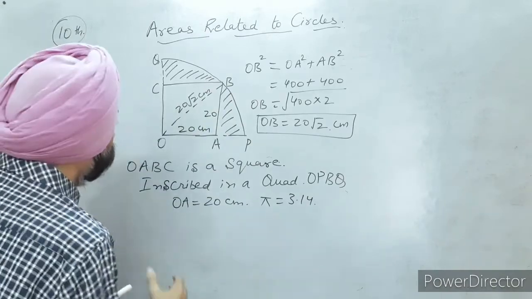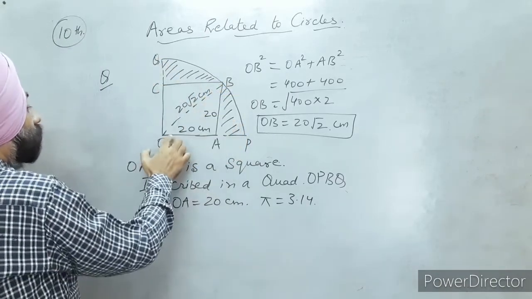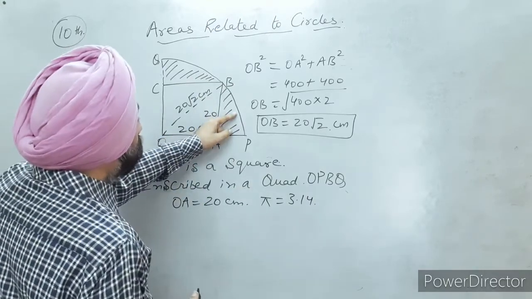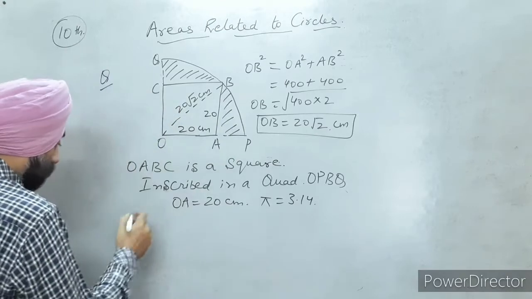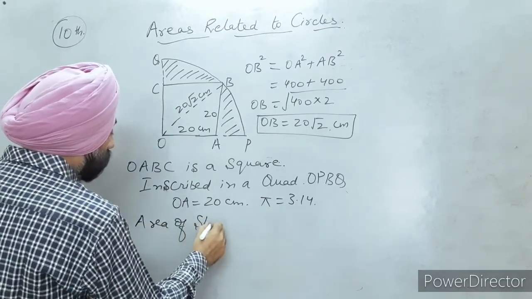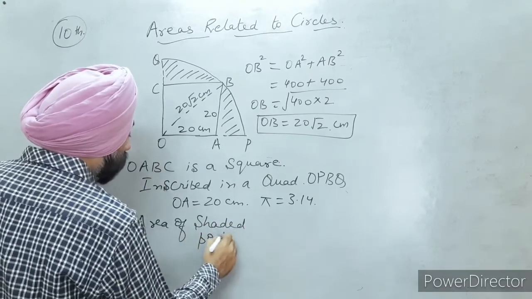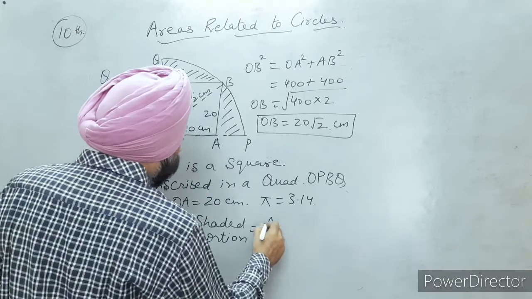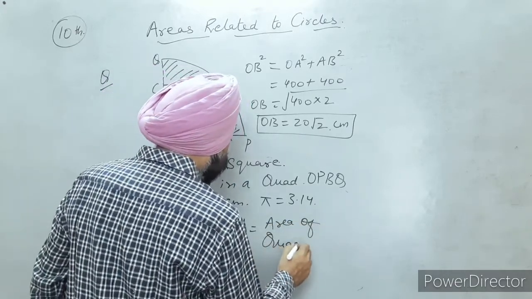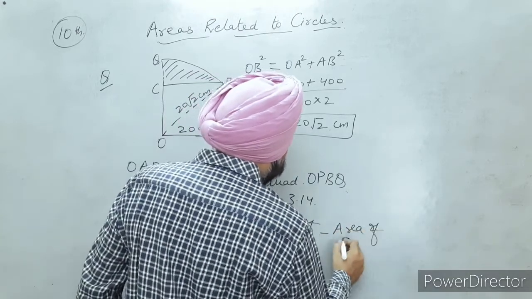Now it's very simple. If I find the area of the quadrant and subtract the area of the square from it, I get the required answer, that is the area of the shaded portion. Area of shaded region is equal to area of the quadrant minus area of square.